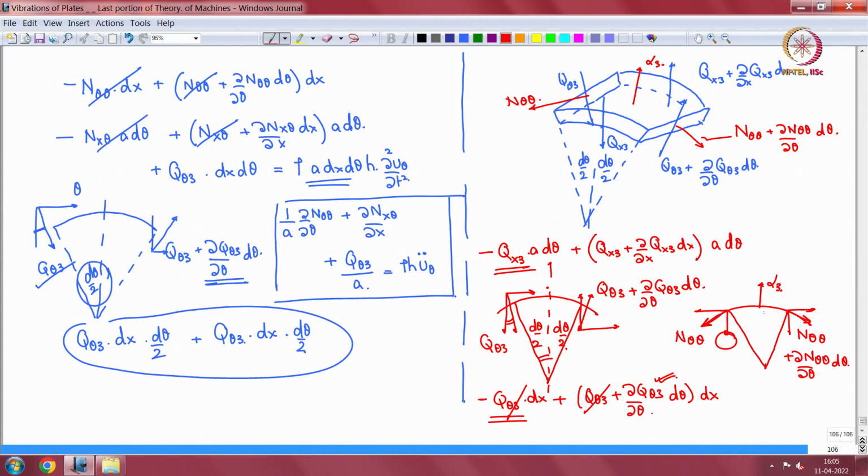What is this angle? This angle is d theta by 2, and that angle is d theta by 2. So I am looking for the sine component of n theta theta. This will be n theta theta multiplied by dx d theta by 2 with a negative value. Same thing here, but this is a small order term, so we can neglect it right away and this will double.